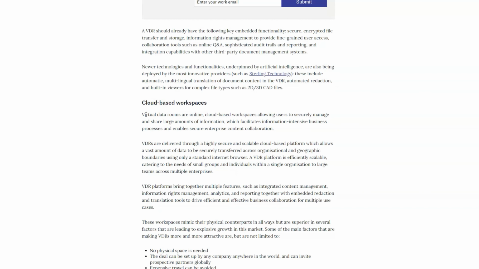Cloud-based workspace. Virtual data rooms are online cloud-based workspaces allowing users to securely manage and share large amounts of information, which facilitates information-intensive business processes and enables secure enterprise content collaboration.